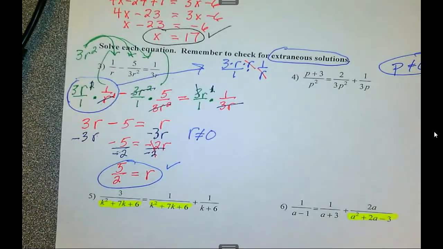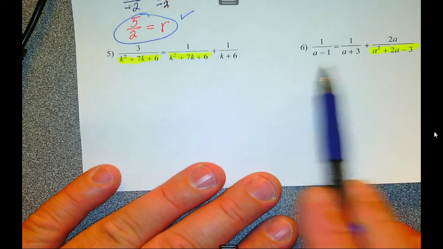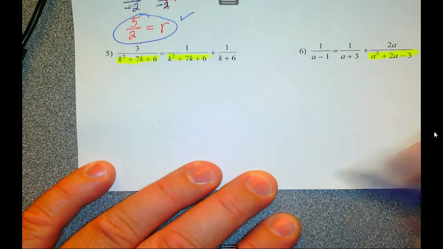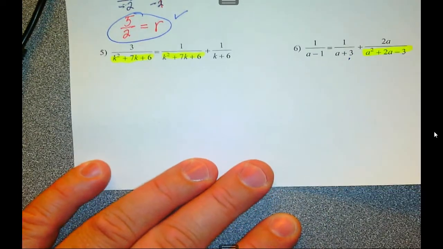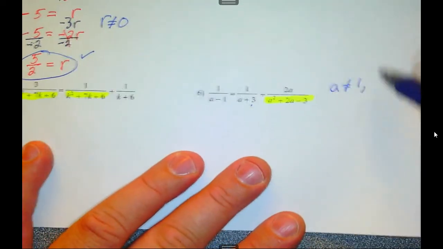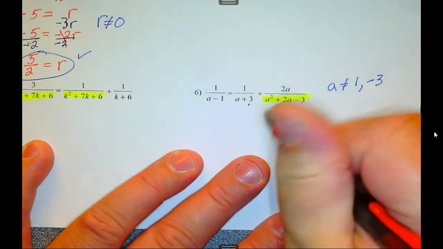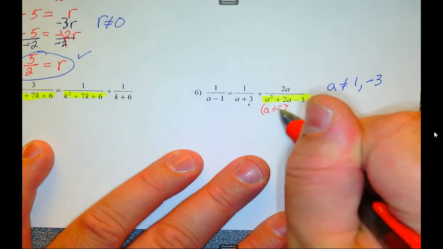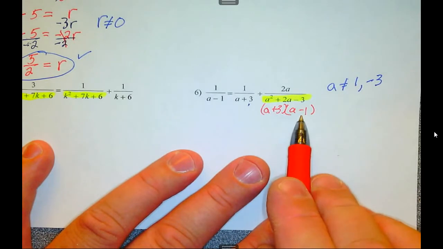Like when you have two terms, you have to solve those. So here, A cannot equal +1, -3. And this is going to factor. And we get +1, -3.